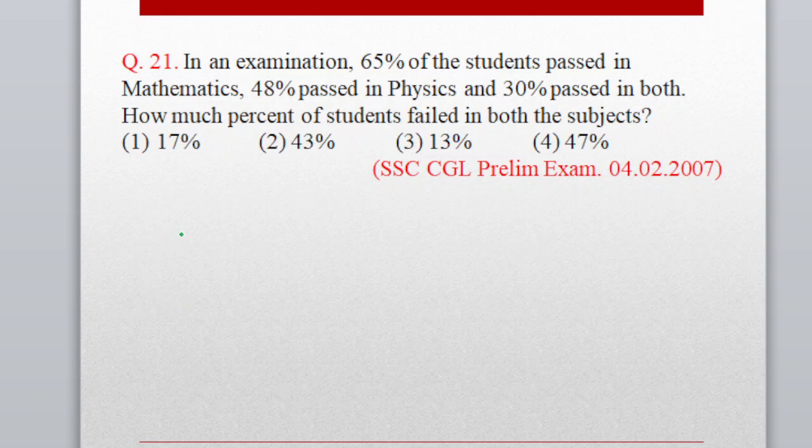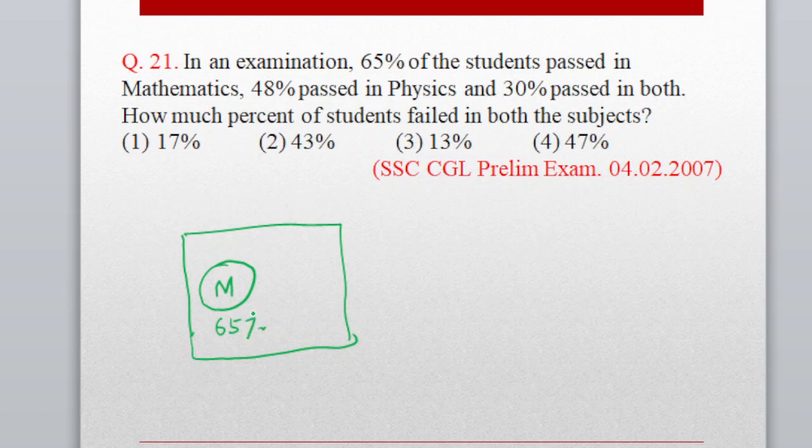Now here we can solve this question by using the Venn diagram. Here this is 100%. That means total is 100% and 65% student passed in mathematics. Here this is 65% math.